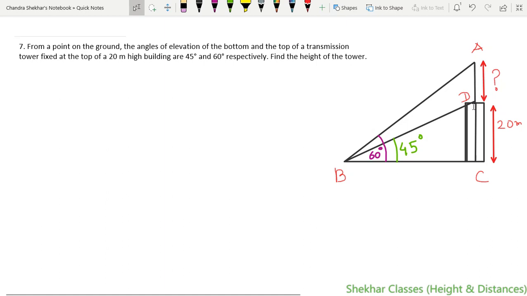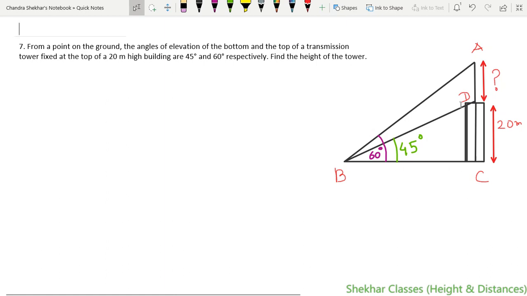What we can do is we will take the smaller triangle, that is DBC, and using this height DC, this is perpendicular, and the angle 45 degree, we will find BC. Now once we have found BC, we'll go to the bigger triangle, that is ABC.